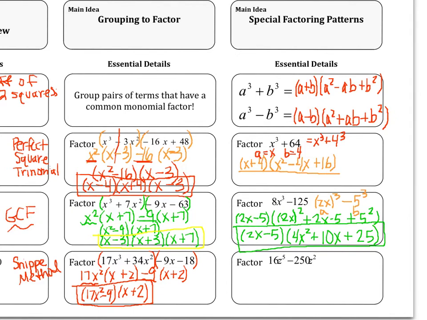The last one, I want to factor 16z to the fifth minus 250z squared. Now right away I notice both of those terms have a z squared in them, and both of them are also even. So I can take a GCF out. I can take 2z squared out of both of those, and it'll make it much easier to work with.